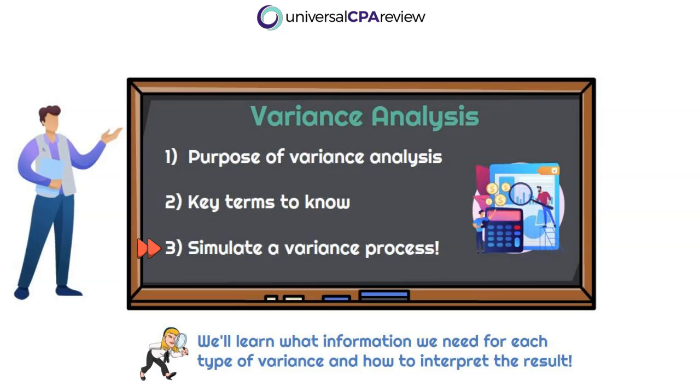And we're going to learn how to pull out that information for each type of variance that we need to perform. That way we get used to seeing it all in one picture and we know, okay, here's what we are looking for and not necessarily just what's given to us in the question. That's the best way. This will simulate what a company would do at the end of a period to assess their variances. So let's get started.